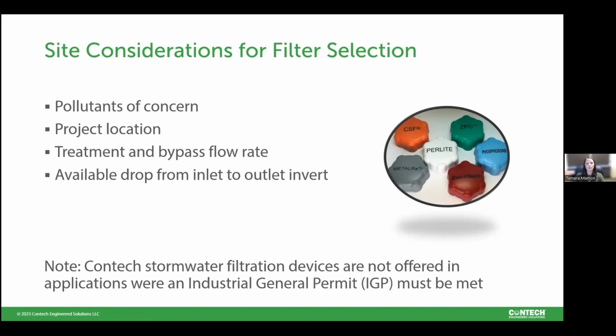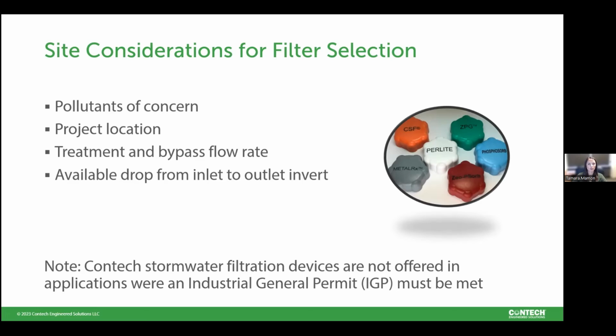So what do we need to help you size a filter system? We're going to want to know your pollutants of concern, because that will help us determine what filtration medium is best suited to your site. We will also want to know your project location, so that way we're aware if we have to meet any Washington or New Jersey approvals and adhere to those sizing approaches.